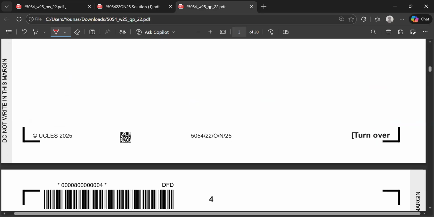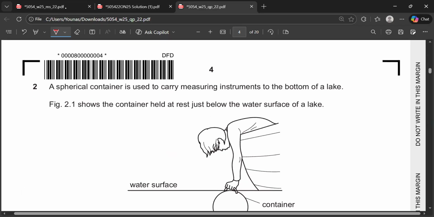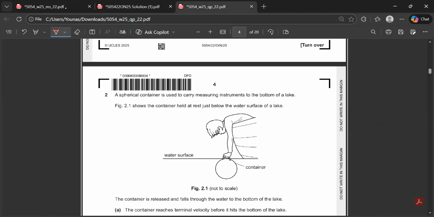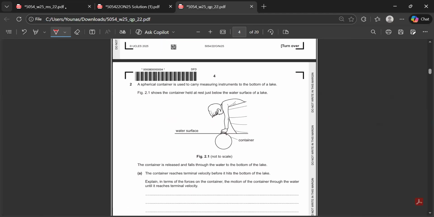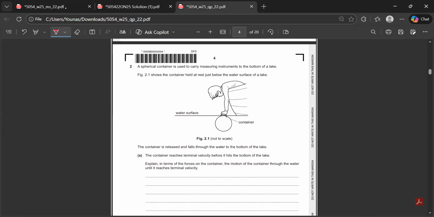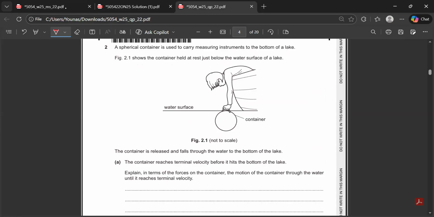So here we go. Question number two is coming up on your screen. Let me reduce the size. A spherical container is used to carry measuring instruments to the bottom of a lake. Figure 2.1 shows the container held at rest just below the water surface of the lake.